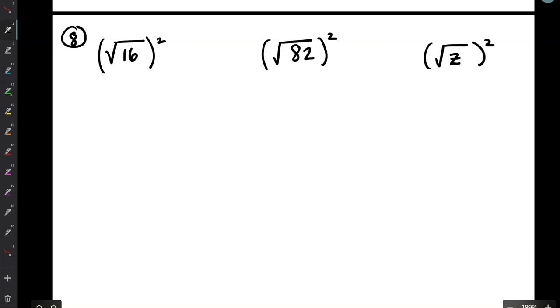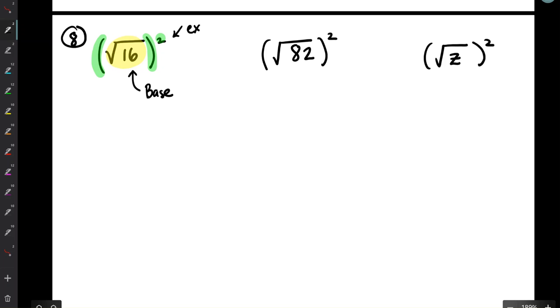The big key with 8 is just reading those big parentheses with that exponent there of 2. Here, my whole base is square root of 16. It's the thing that's being squared, right?